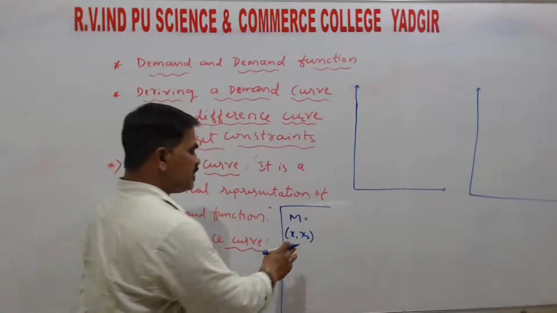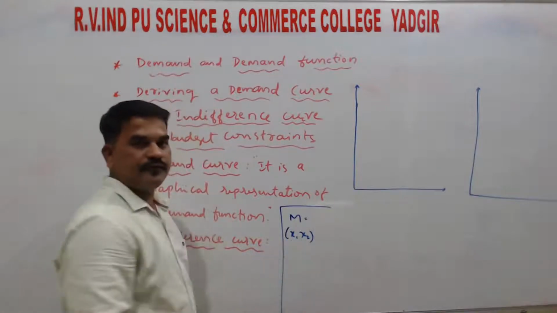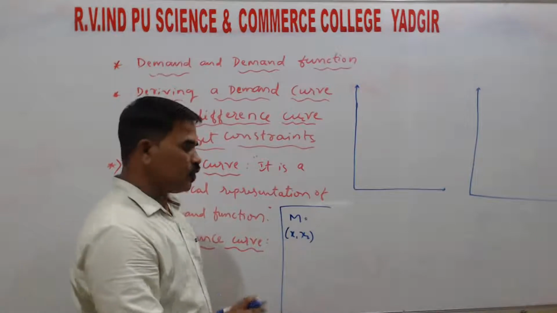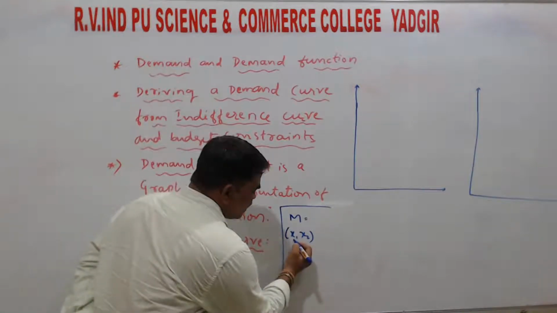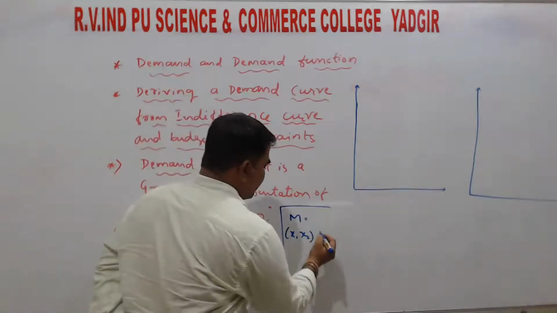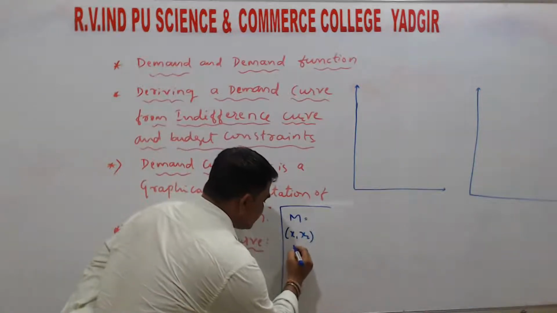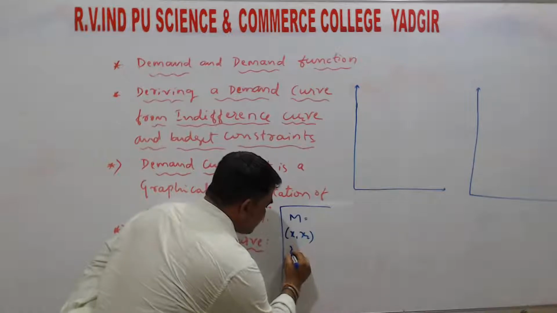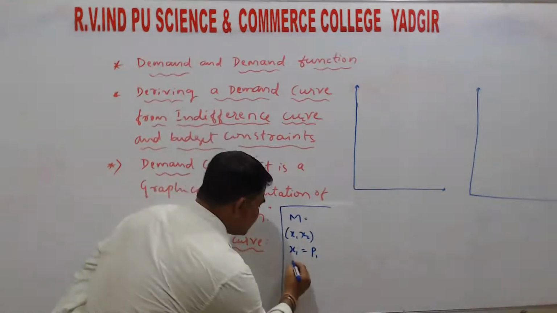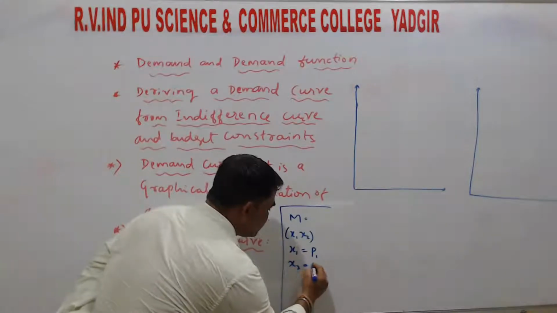We have a bundle which is a combination of two goods, that we know. Bundle is a combination of two goods which are available in our market. I mentioned as X1 and X2, and we know the price of these also. The price of X1 is equal to P1, and price of the X2 good is P2.